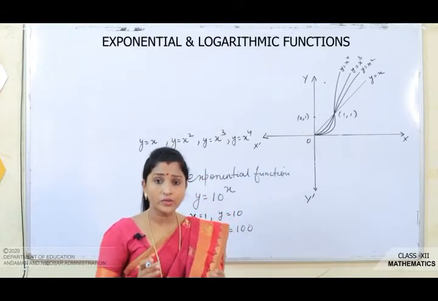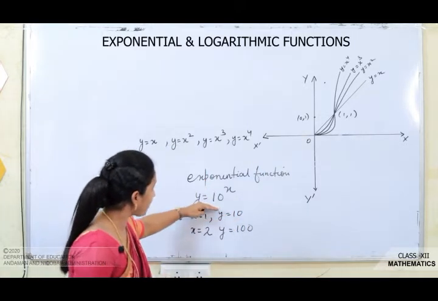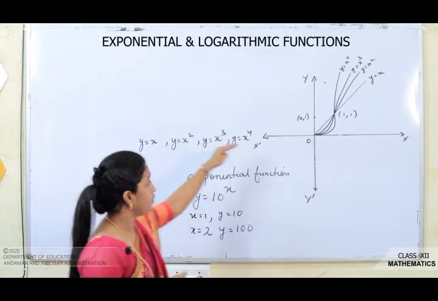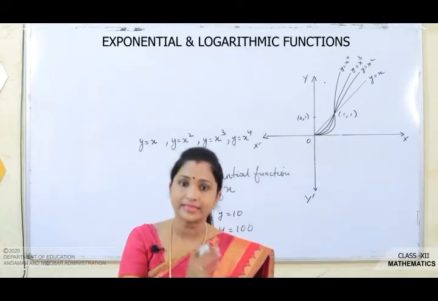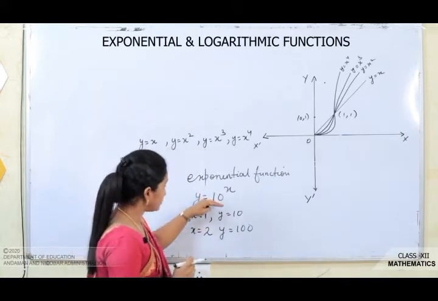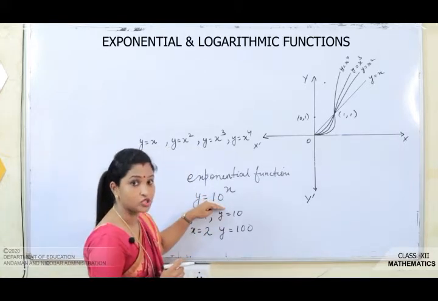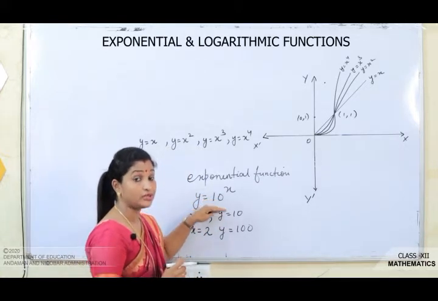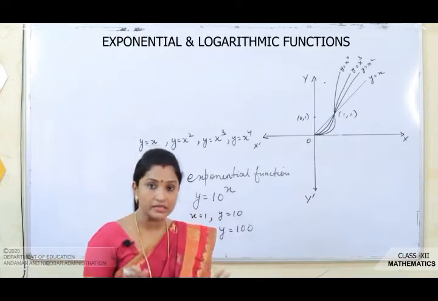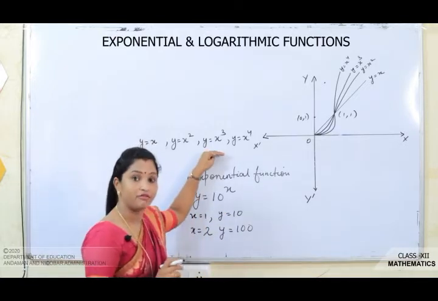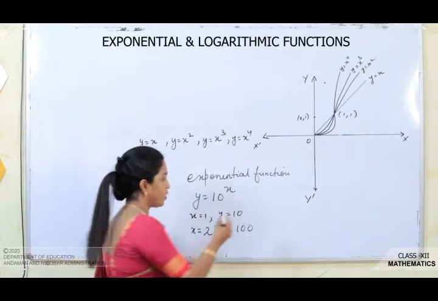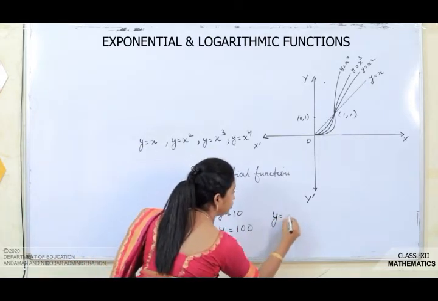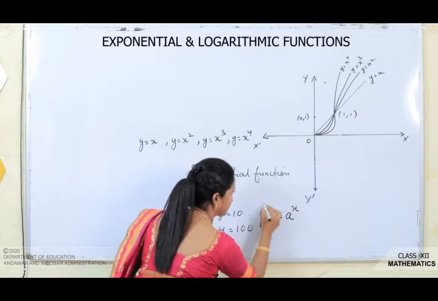What I want to say is, when you compare this function and this function, here also the graph is growing, you can see the growth, but in this function, which is called the exponential function, the growth is much faster than the polynomial function. So this function is called the exponential function, which we can write as y is equal to a constant to the power x.